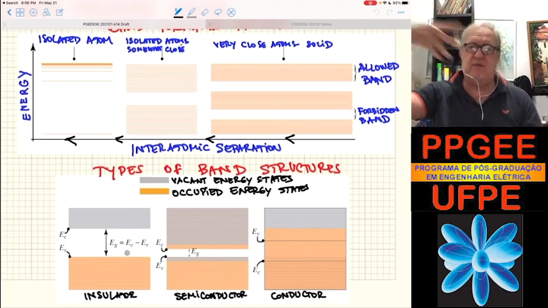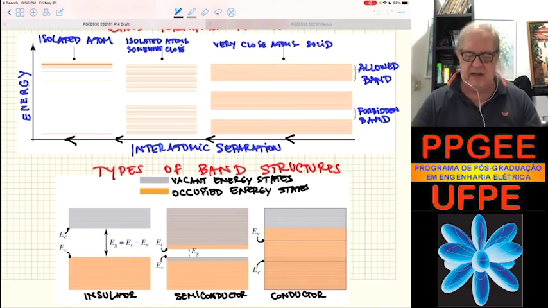If you have very energetic carriers, they can move on the application of an electric field. So if you have this distance very far away, you have a good insulator, right?